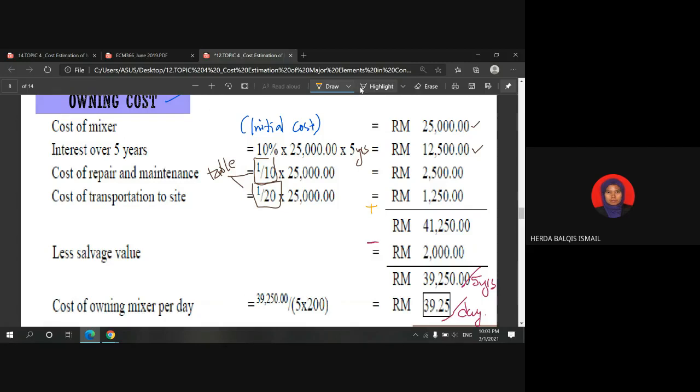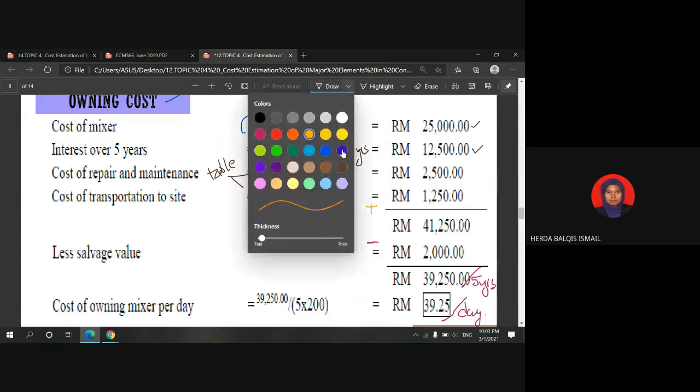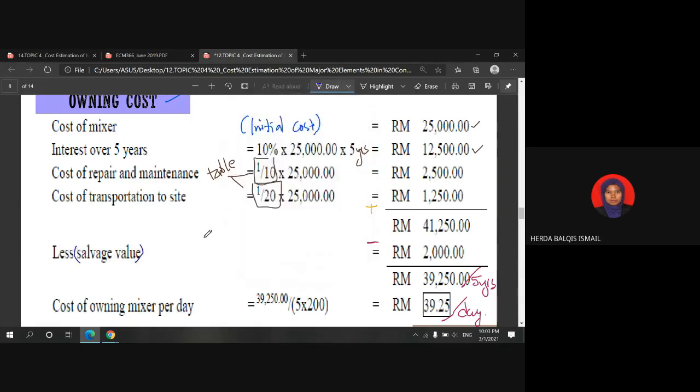However, in this question, there is a salvage value. Like I mentioned just now, at the end of the machine lifespan, if the owner wants to let go of the mixer, the price that they will get is this amount, which is 2,000.